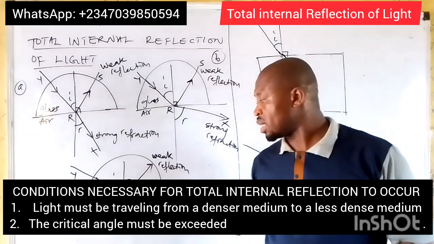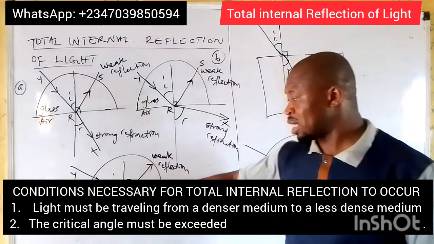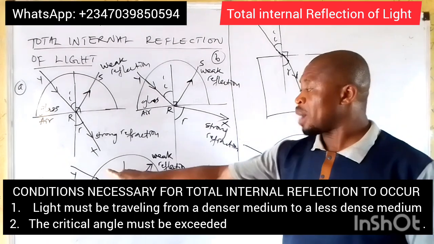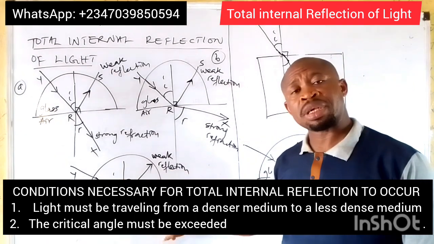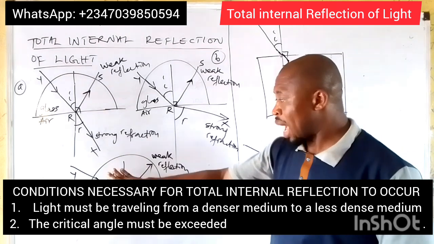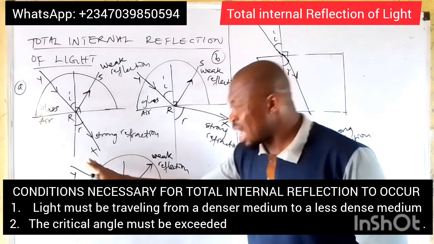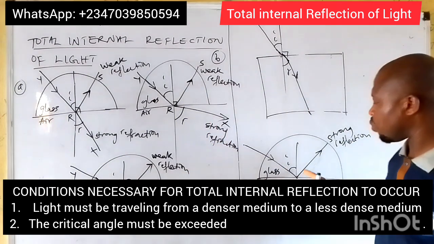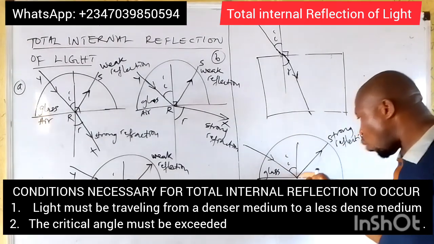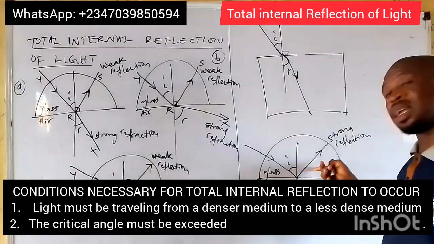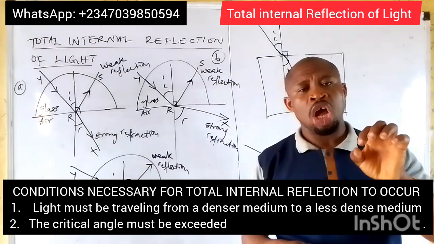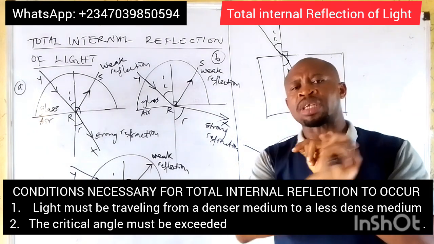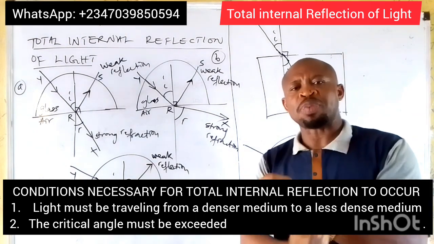Remember, the critical angle is that particular angle of incidence where r is 90 degrees. So immediately we exceed the critical angle, all the rays will reflect back internally.